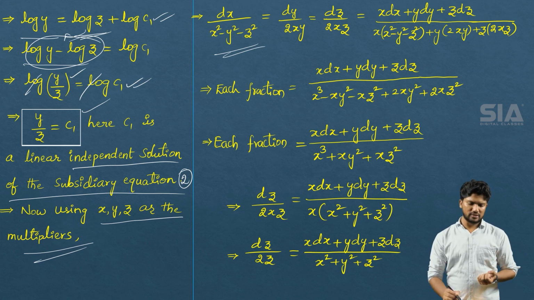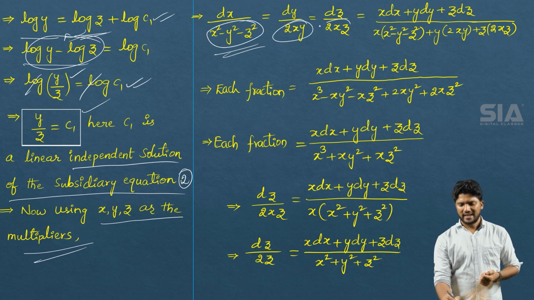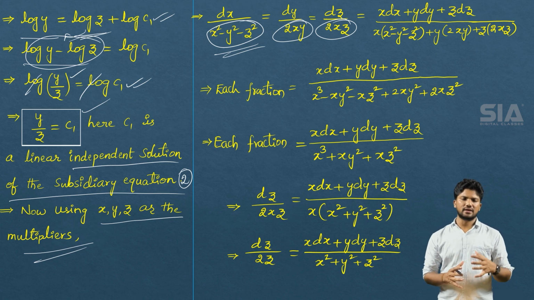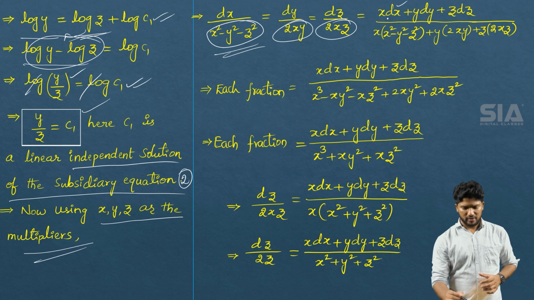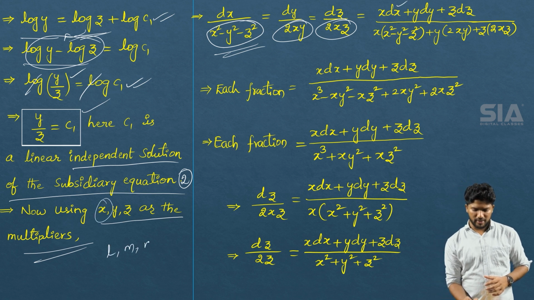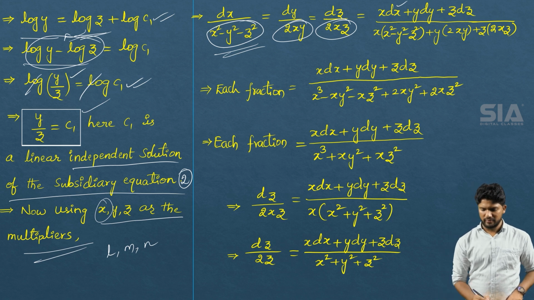So dx by capital P is equal to dy by capital Q is equal to dz by capital R, and by applying Legendre's multipliers, the sum x into dy. Here we are choosing them; actually l, m, n are there, and I will write that actual equation here.